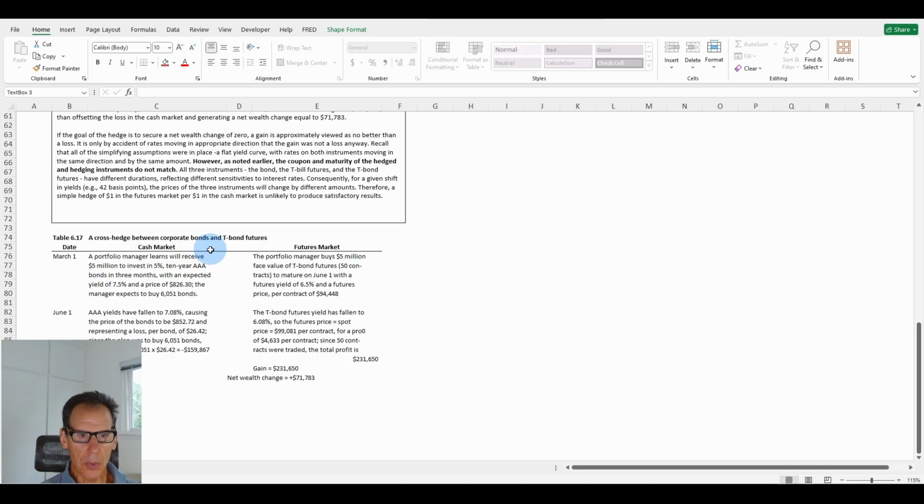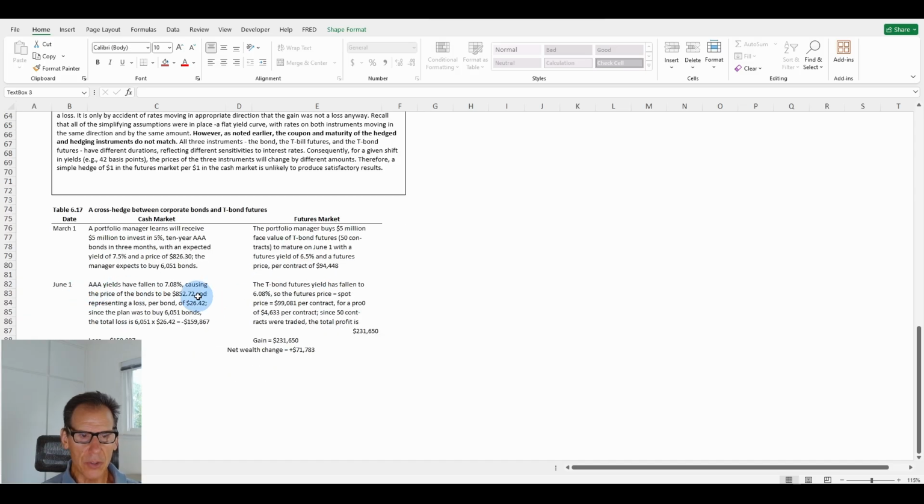The portfolio manager will receive $5 million to invest in 5% 10-year AAA bonds in 3 months with an expected yield of 7.5% and a price of $826. The manager expects to buy 6,000 bonds. The portfolio manager buys $5 million face value of T-bond futures, 50 contracts to mature on June 1st, with a futures yield of 6.5% and a futures price per contract of $94,488.